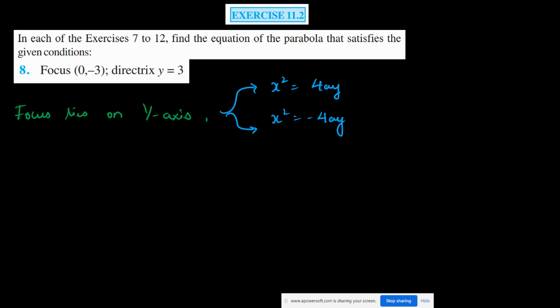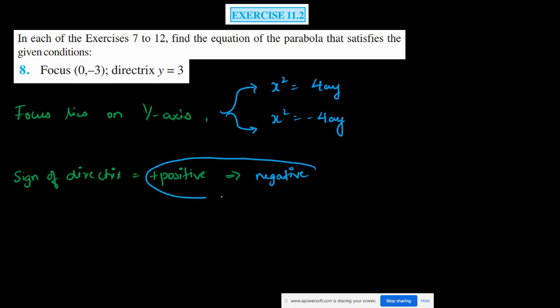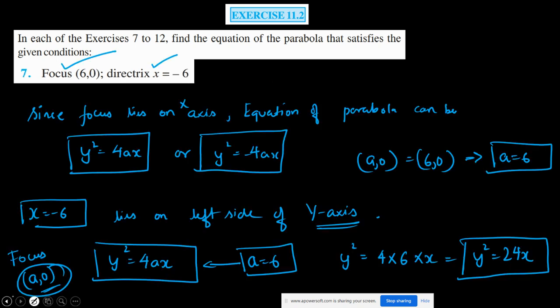Here, since the sign of the directrix is positive, if it is a positive value, the equation is going to be a negative value. Basically the opposite.